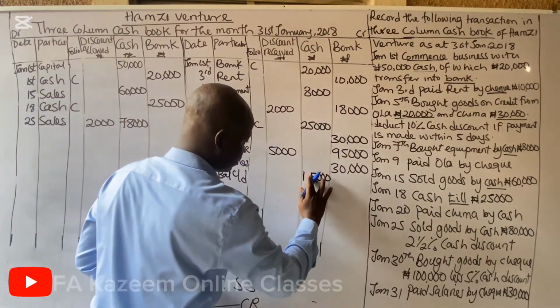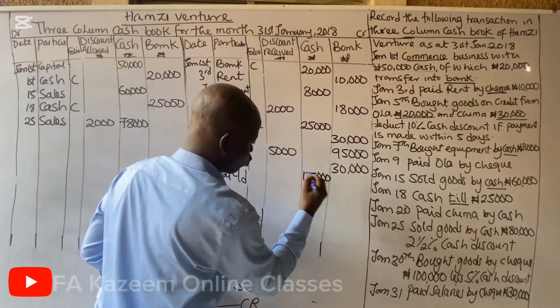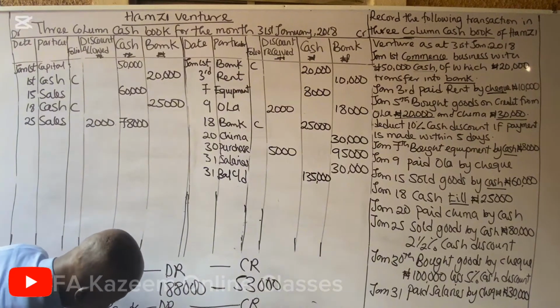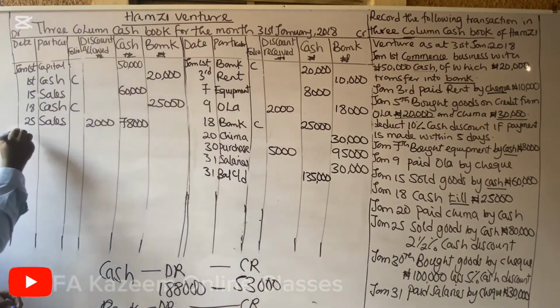Now, 183, the lower side is the debit side.